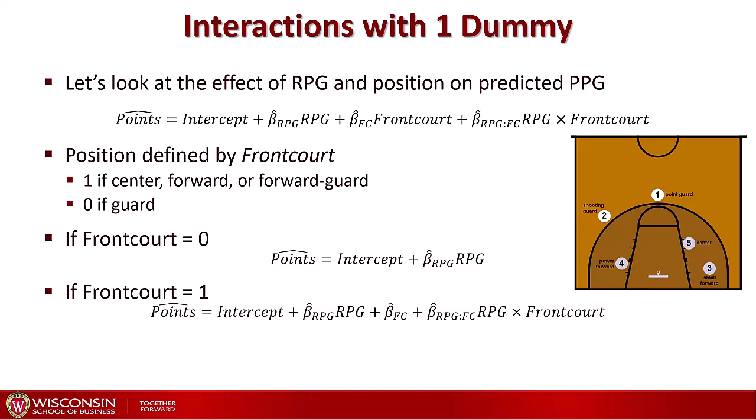However, if front court is 1, then the equation is the one we have at the bottom: predicted points equals intercept plus beta hat RPG times RPG, the same as before, but now we need to add beta hat front court and the beta hat interaction between RPG and front court times RPG and front court. So we have two equations that are equivalent to this one long equation at the top, depending on whether front court equals 0 or 1.